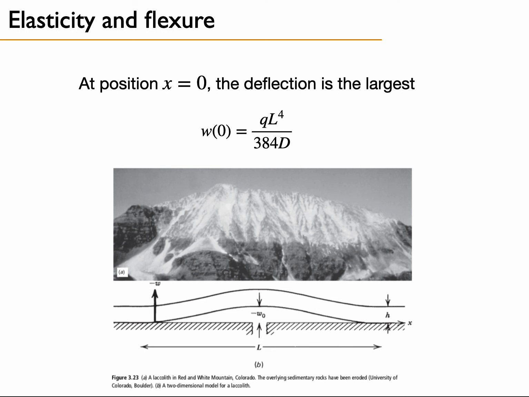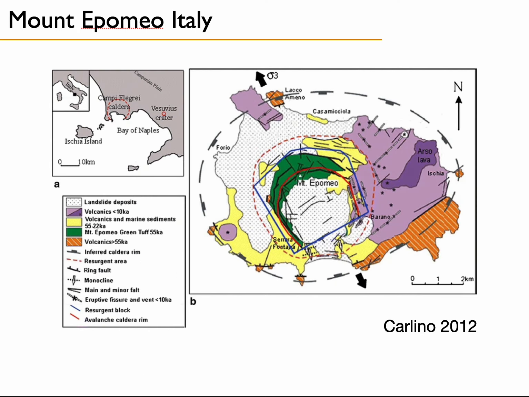So now we can move forward and apply this equation to study the case of the emplacement of a laccolith. Here I took the example from a paper of Carlino, 2012, where he applies the model of elastic flexure to the emplacement of the Mount Epomeo in Italy.